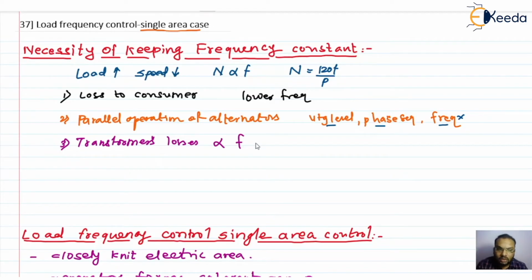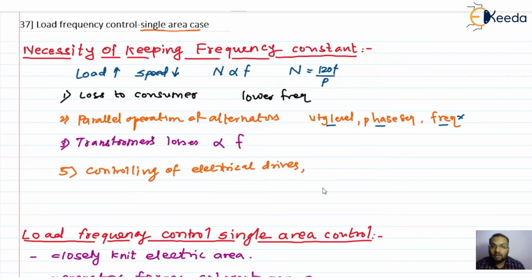One more thing that we have already covered here, but I will consider as a separate point: controlling of electrical drive will not be possible when we don't have the frequency constant.